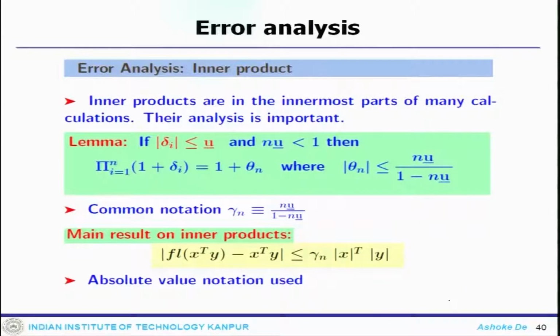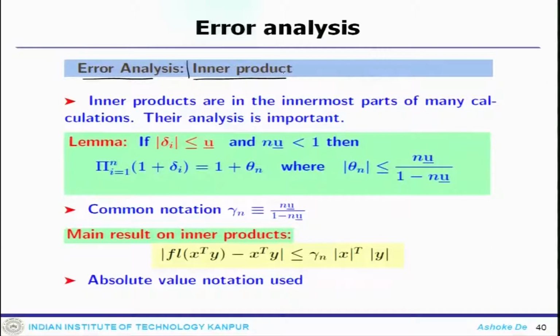So, again one would like to look at the error for the inner product. We have defined the inner product earlier. Now, one would like to see the error which is associated with these inner products.